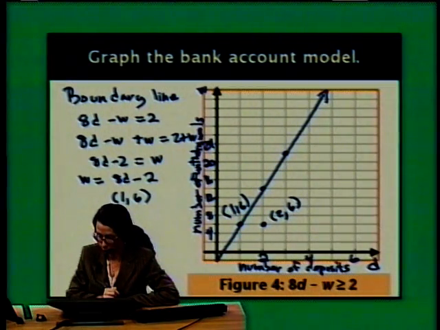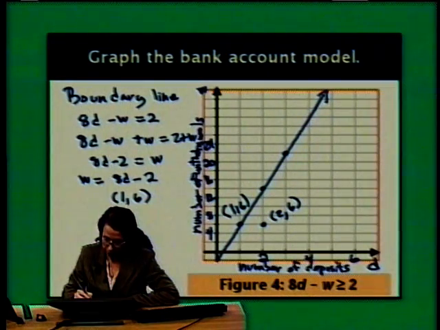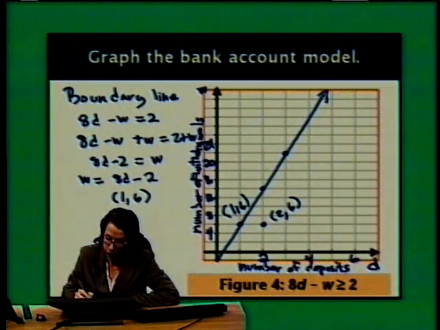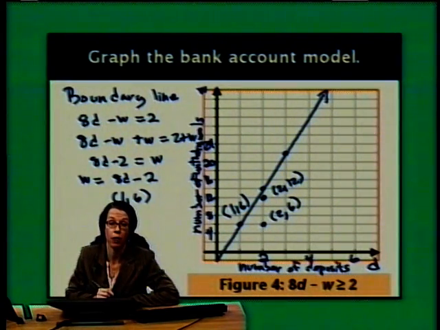Another thing we could do is, if 2 deposits are made, think about how many withdrawals, maximize the number of withdrawals he could make. So if I go up and get pretty close to this line, I see that, okay, if he makes 12 withdrawals after 2 deposits, he's still below this line.